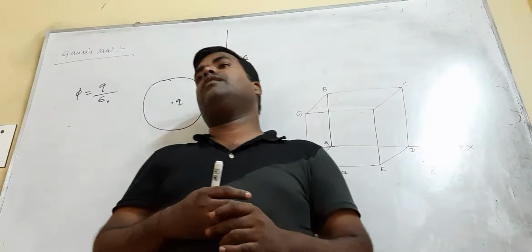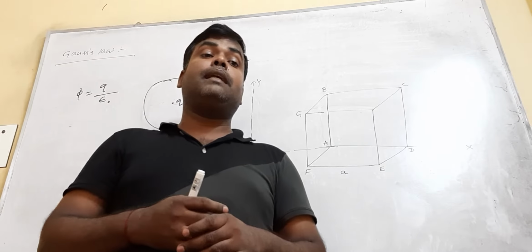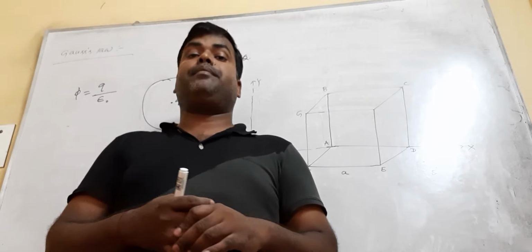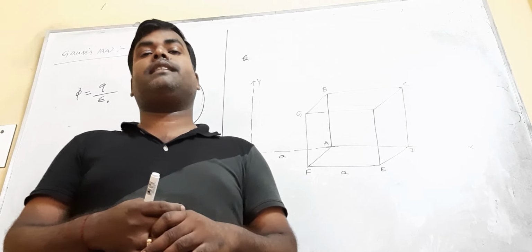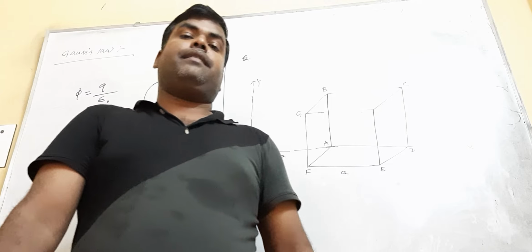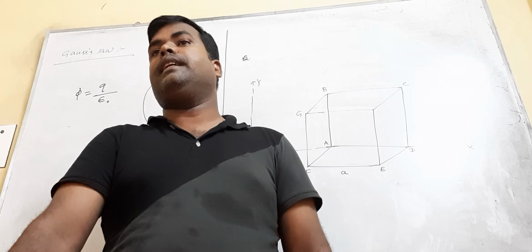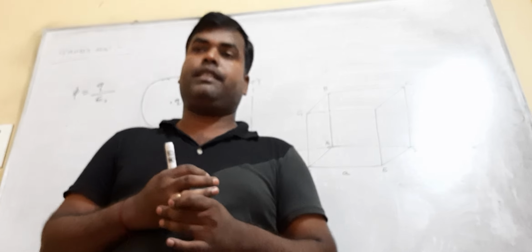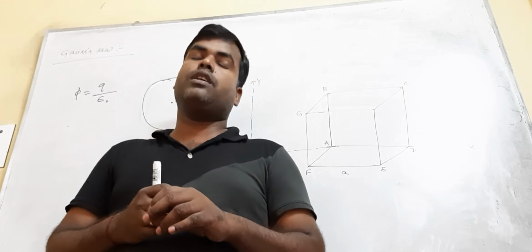What is Gauss law? Remember, the electric flux linking with a closed surface is 1 by epsilon 0 times the net charge present within the surface. So repeating again, what is Gauss law?